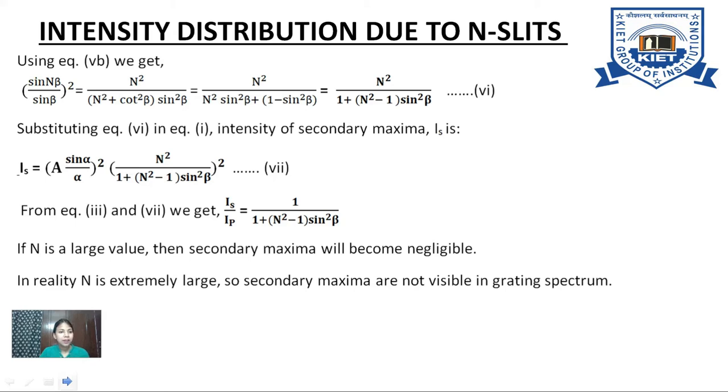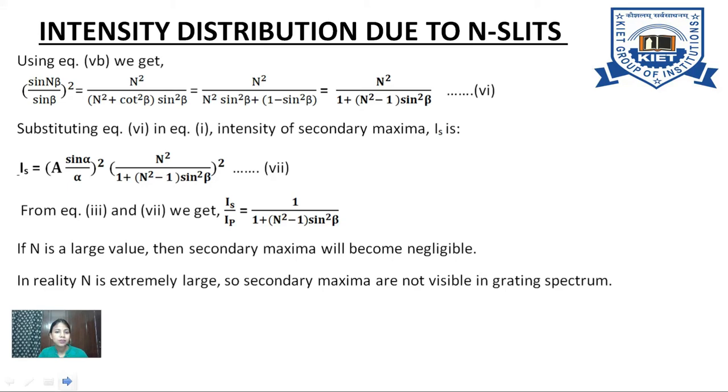Now using this value of sin Nβ, we try and find out the value of (sin Nβ/sin β)². And that gives us N²/(N² + cot² β) sin² β, which is equal to N²/(N² sin² β + 1 − sin² β). And solving it, we get N²/(1 + (N² − 1) sin² β).